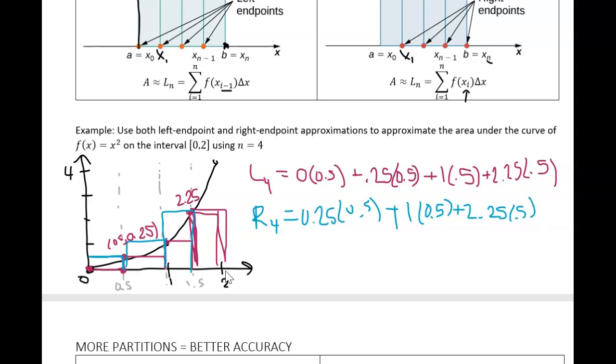And finally, our end, which is our right endpoint, goes all the way up to 4. And so we're going to get 4 times 0.5. Using a calculator, evaluate each sum, and let's compare the difference. The true area should be less than the right endpoint and greater than the left endpoint.